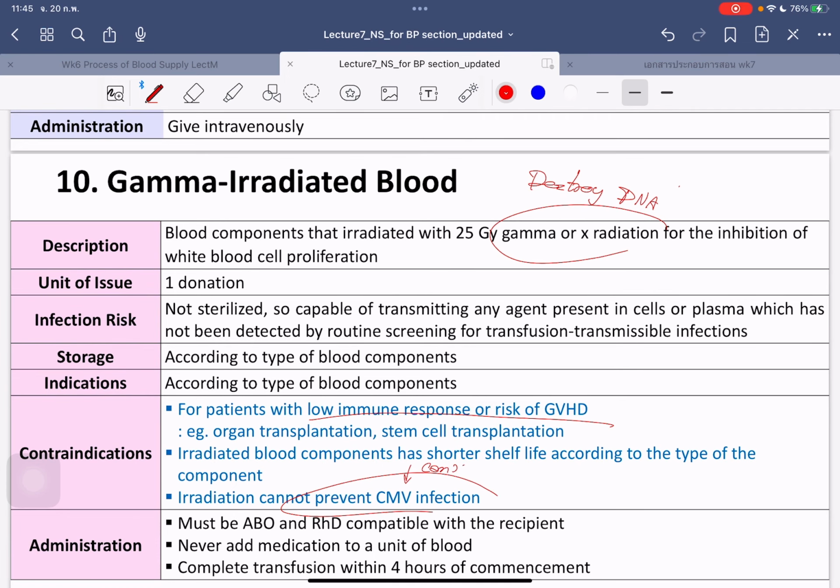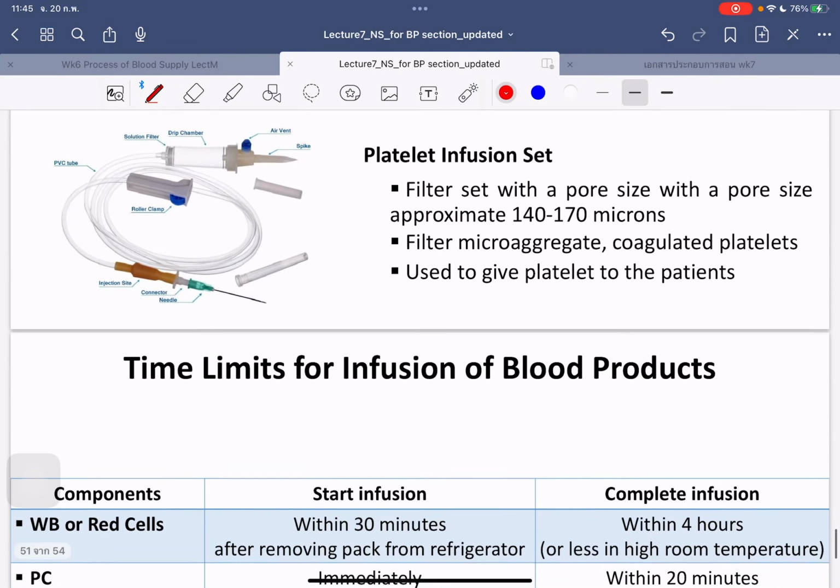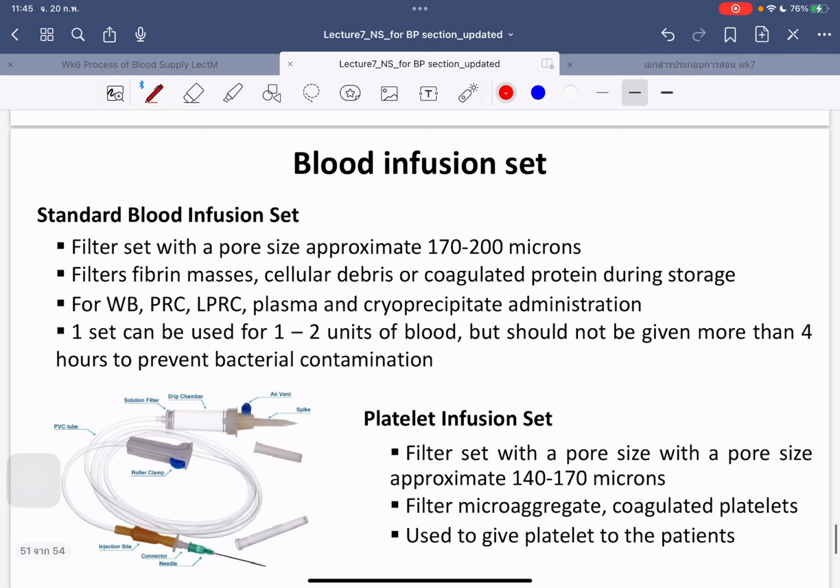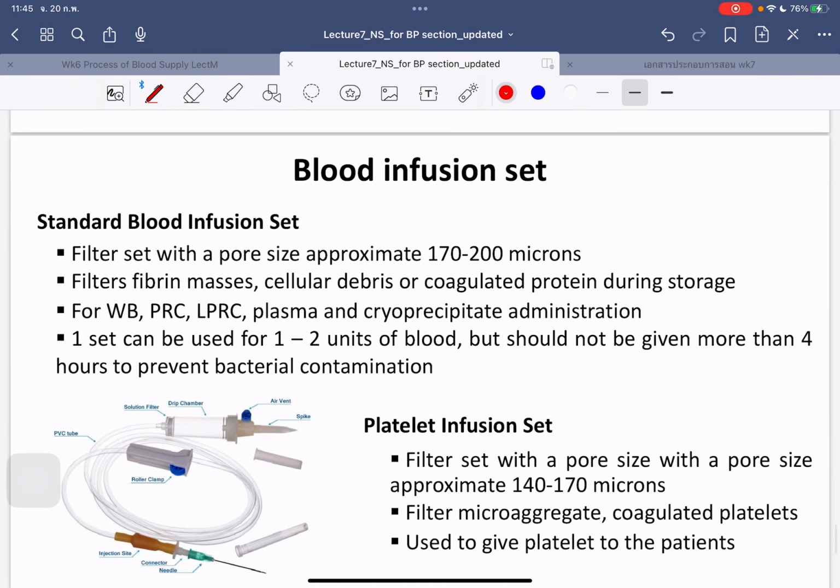So for the infusion set, this is what a blood infusion set looks like. I hope you will not have a chance to see it. I have seen just one when I worked in the hospital, because when I transfused blood to a patient, the patient had a fever, and that was my last practice day.